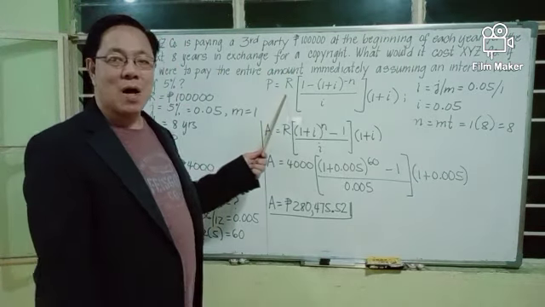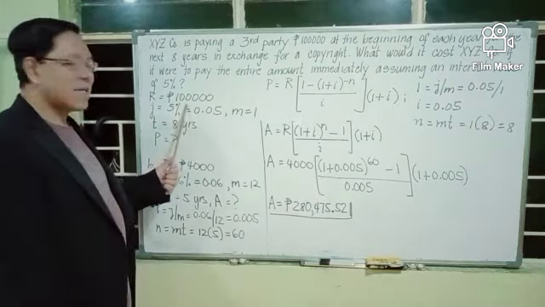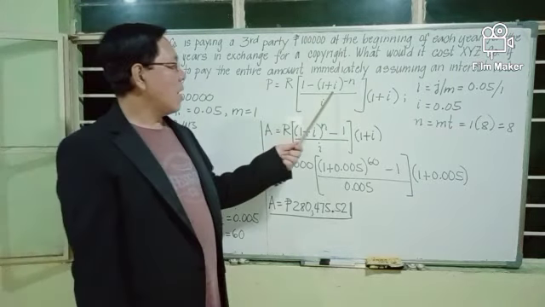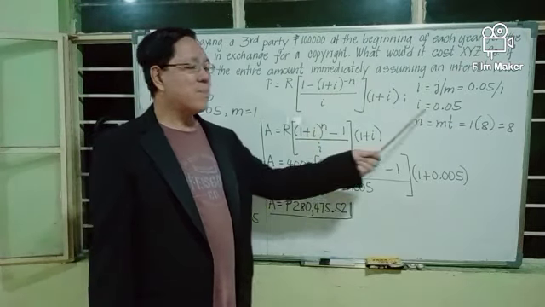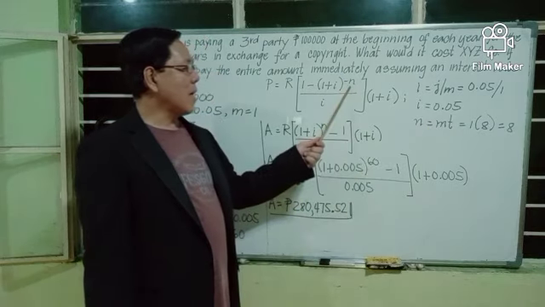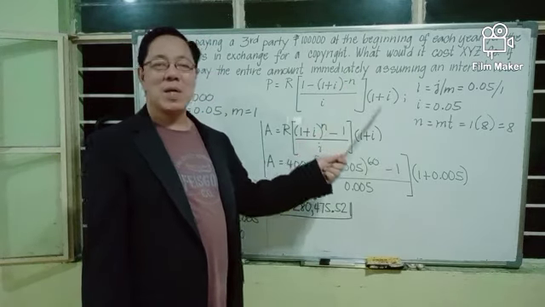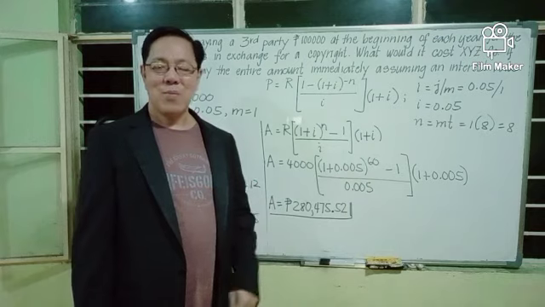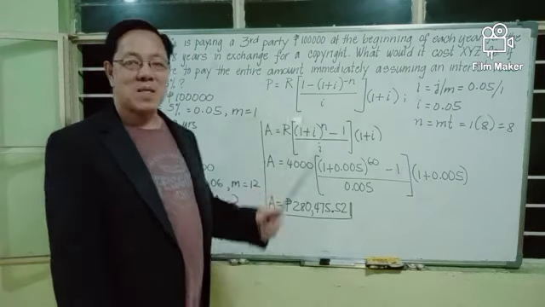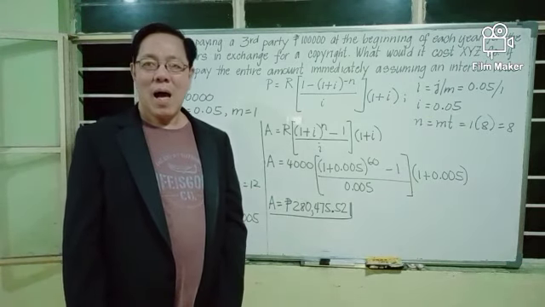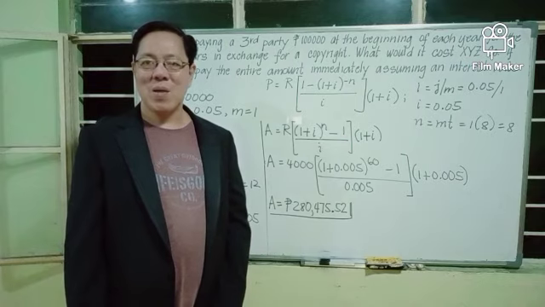And we substitute R equals 100,000 pesos, I we replace with 0.05 and N we replace with 8. And we find the value of P, the present value of this annuity due, using our calculator.